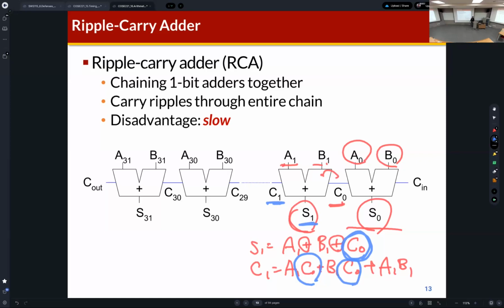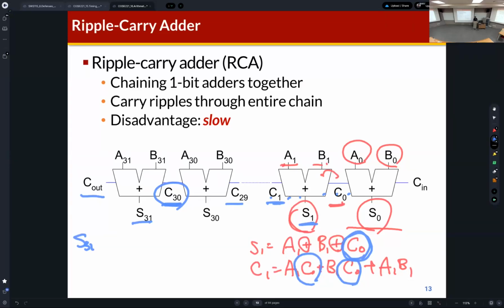And what's the problem? How about S31 and Cout? S31 requires C30, and C30 requires C29, and so on.